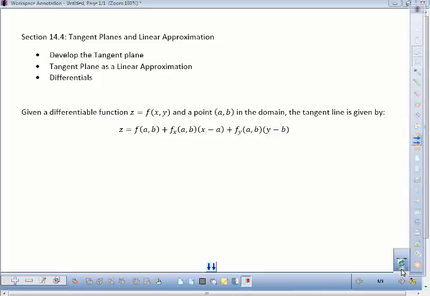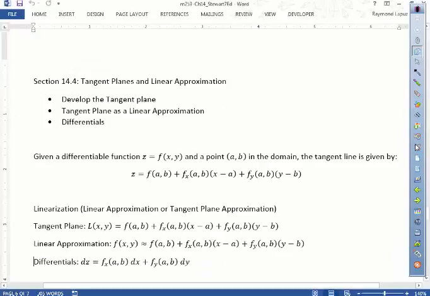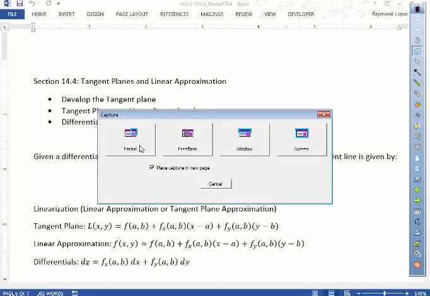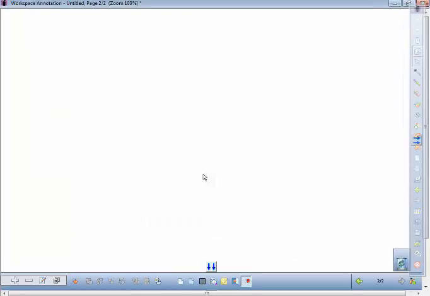Okay, we have a tangent plane equation. And I think I mentioned that this is sometimes called the linear approximation.